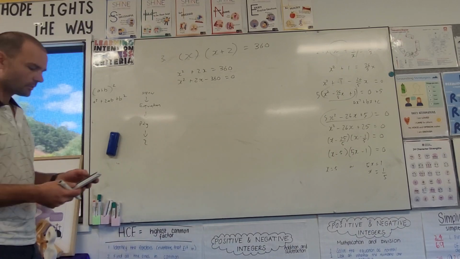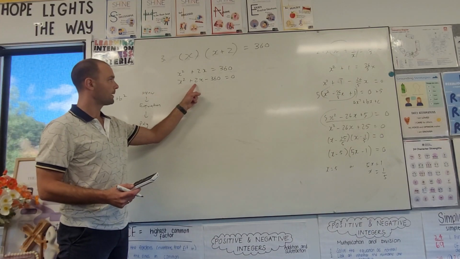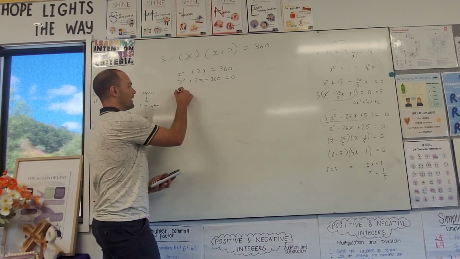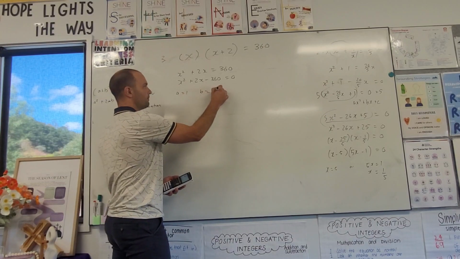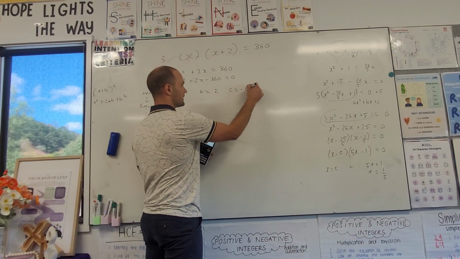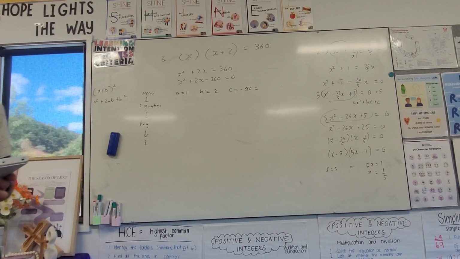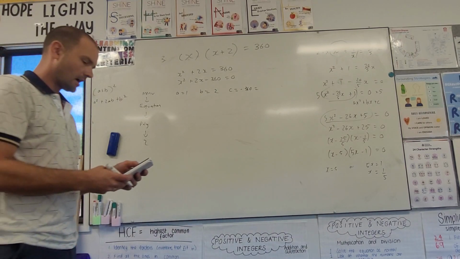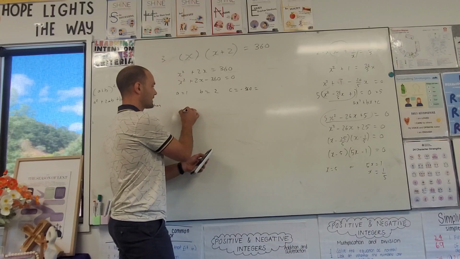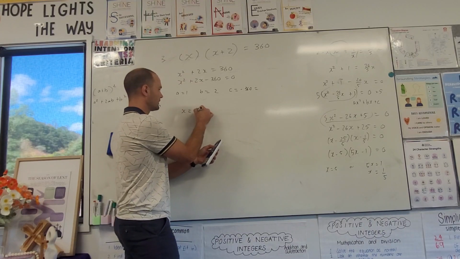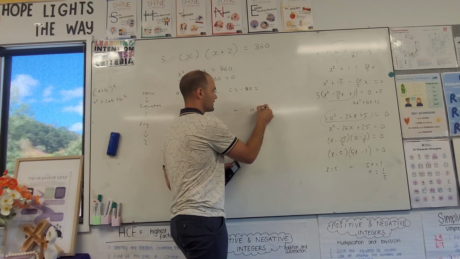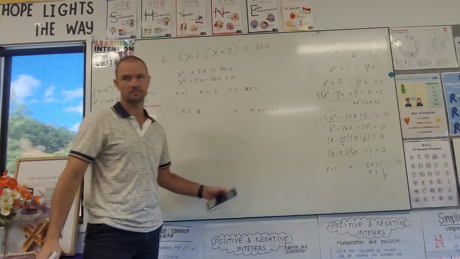And then all we're doing is putting in the values of a, b, and c. So we'll put in a is positive 1, b is positive 2, c is minus 360. And the answers we have is x is 18 or x is minus 20.